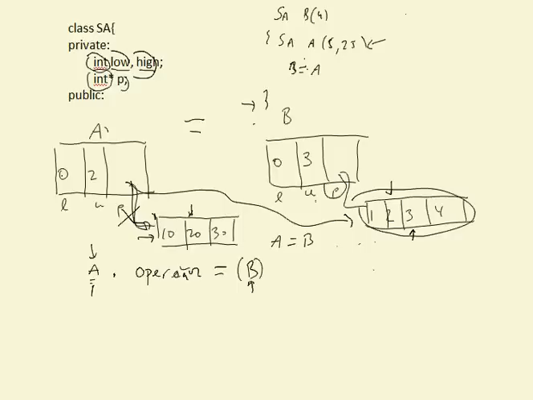We're going to define operator equals, and there's going to be some parameter which is going to be some safe array. We'll see in a moment, and that safe array is going to be called, let's say, S. And so it's all going to be in terms of S. So if we want to talk about the low of the parameter, we're going to have to say something like s dot low in our assignment. If we want to talk about the high, we say s dot high.